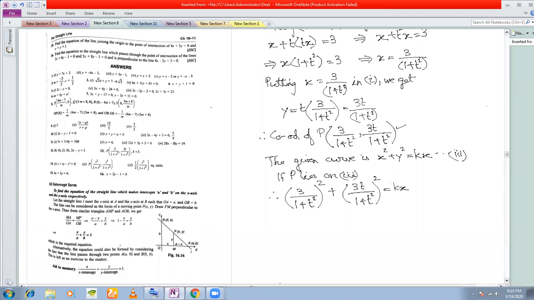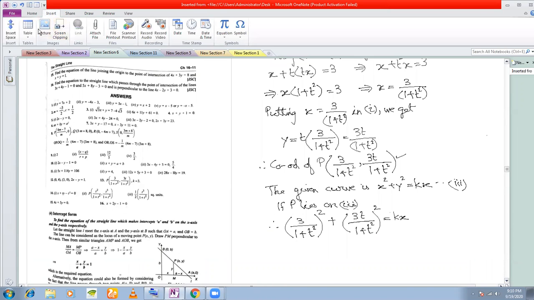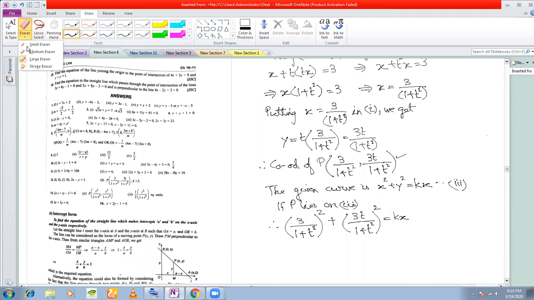Okay. Instead of x, you have to put the value of x here. Value of x is 3 by 1 plus t square. So now you need to find the value of k in terms of t.